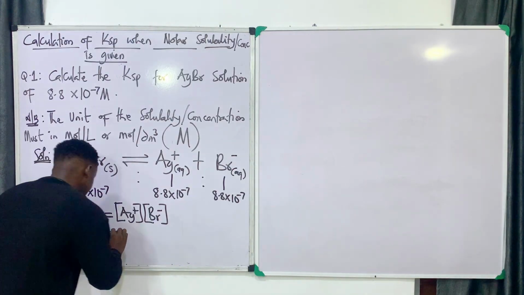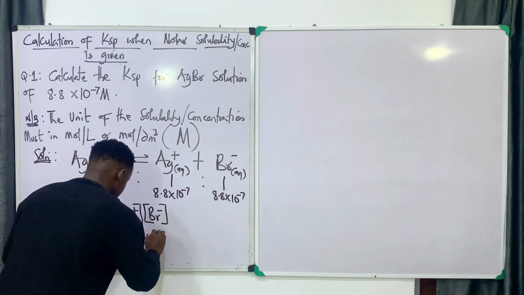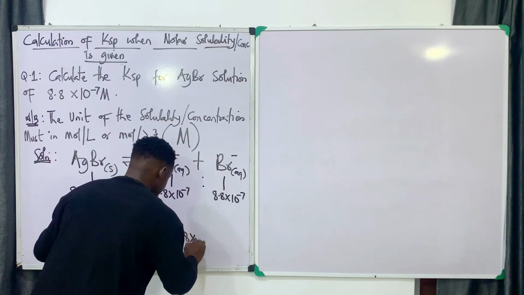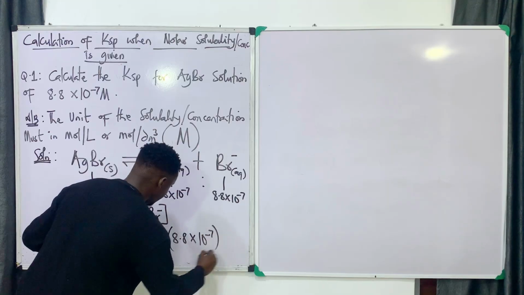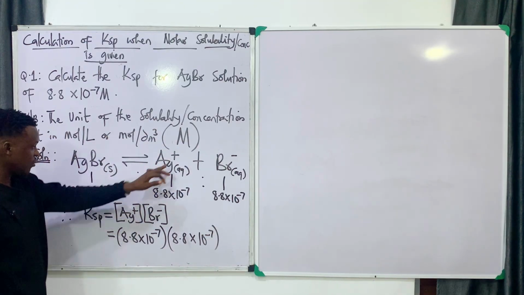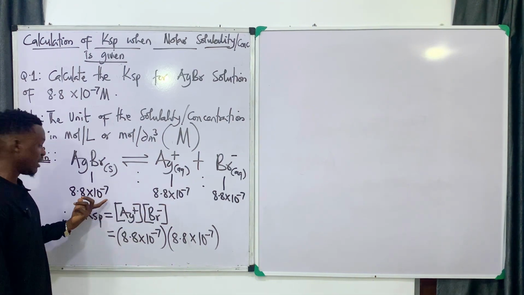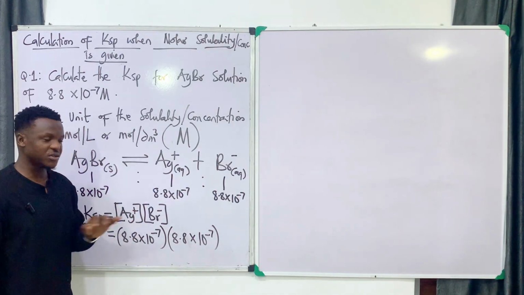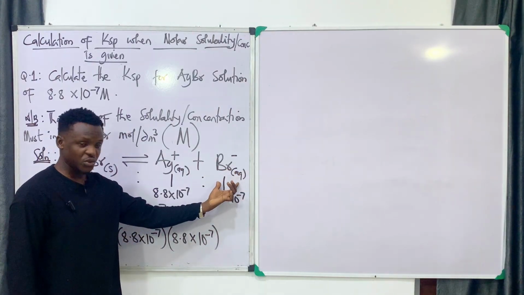So this is equivalent to saying 8.8 times 10 raised to the power of minus 7 times 8.8 times 10 raised to the power of minus 7. Basically, the concentration of silver ion is going to be this, because since the ratio is 1 to 1, whatever the concentration of this is will be the same as that of Ag+, and the same thing for Br-, because the ratio is 1 to 1.